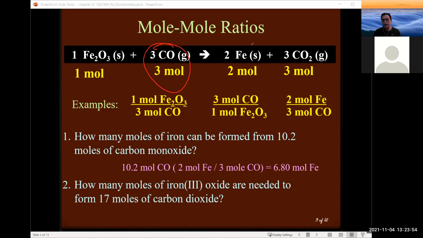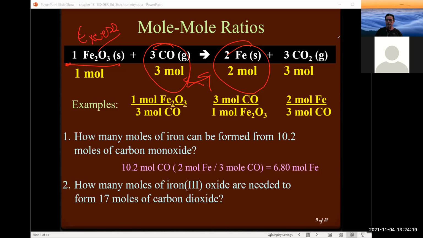That's the only relationship. We don't care about the iron 3 oxide because it is in excess. I tell you that because sometimes iron 3 oxide is put into the calculations and it's not necessary. We're only concerned about what the question asked you for.